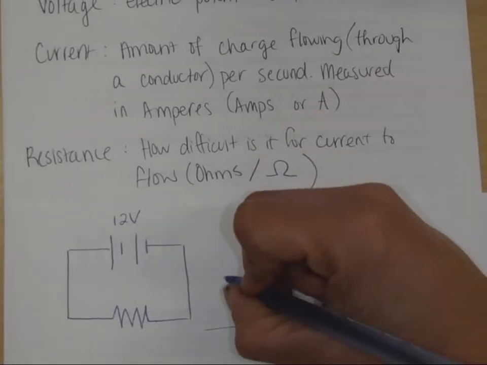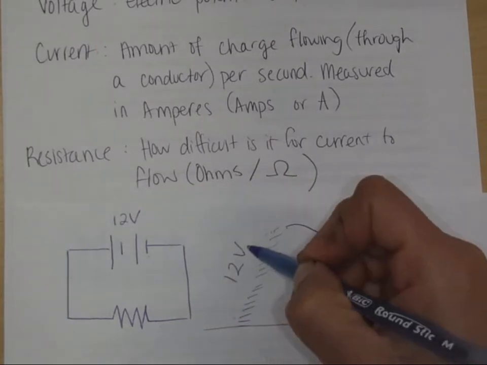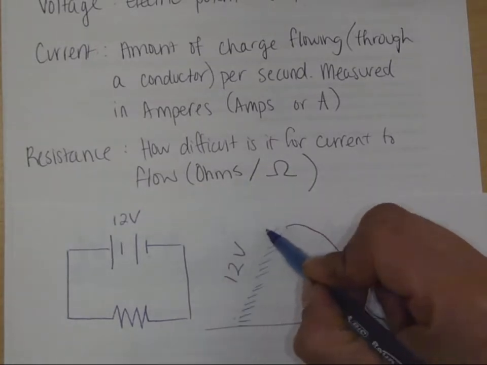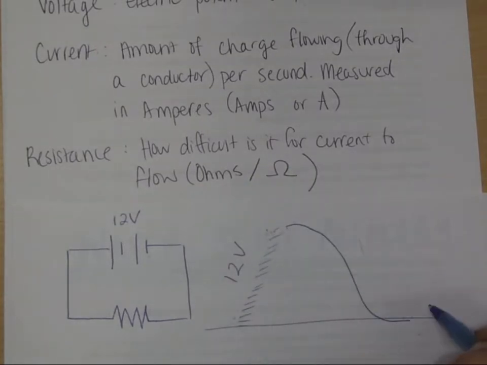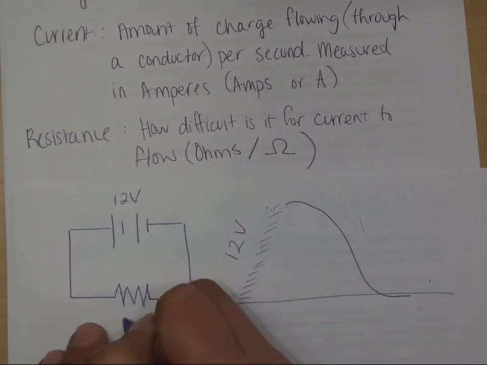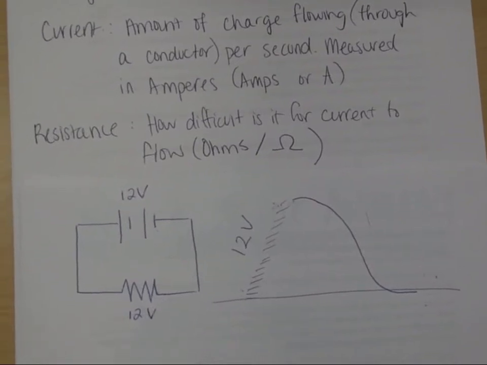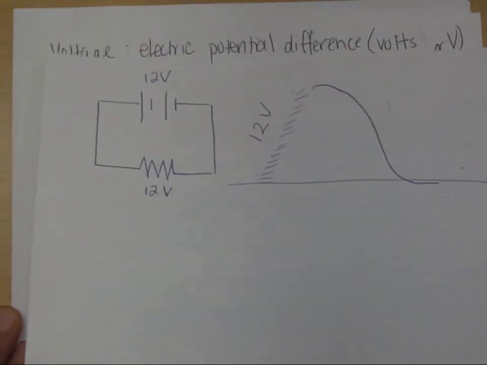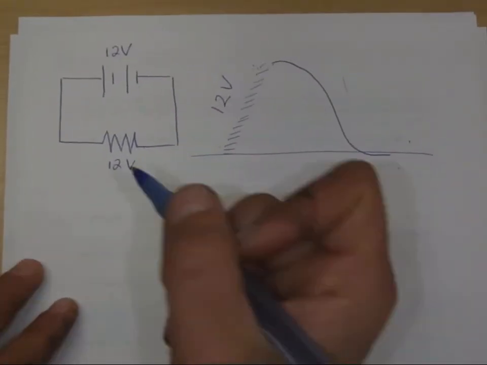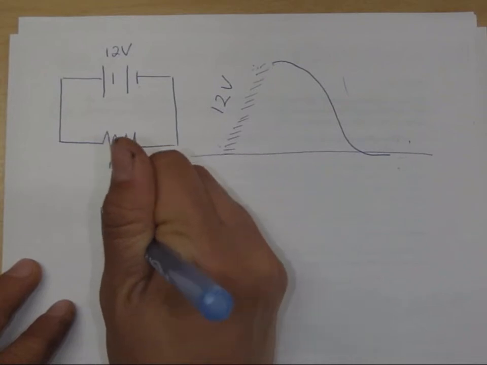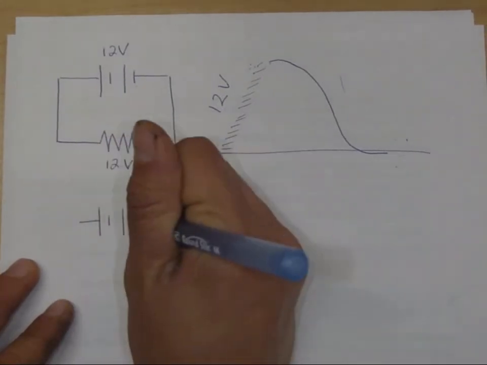So if all of my current gained 12 volts as they came up this ladder, they would then have to drop 12 volts. So that would actually allow me to conclude that the voltage drop along here is also 12 volts. So now let's take a look at what would happen if I had multiple resistors.